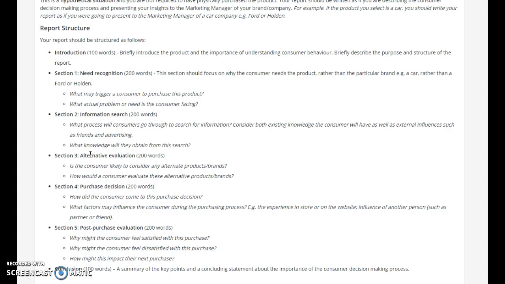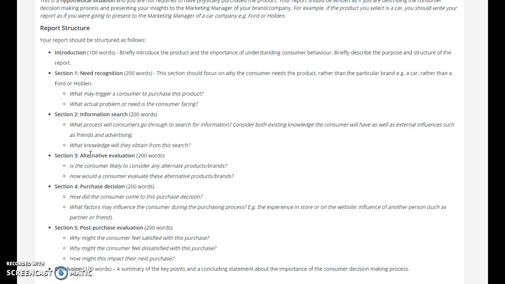So if you do have a template available, a report structure example, or even if you do have an example piece of work available, which again we do provide in this unit, but other units don't do that, go over that and work out, okay, this is what they want me to show.